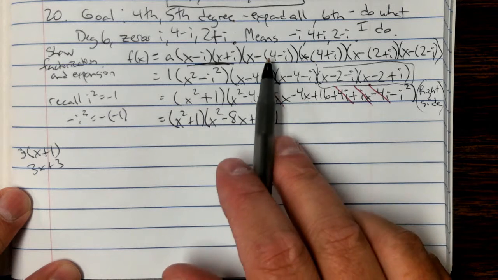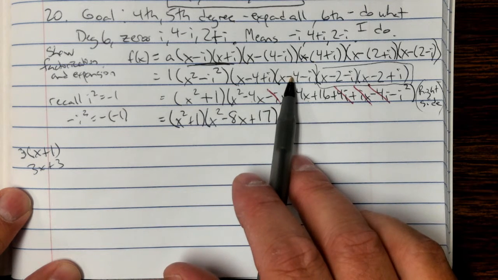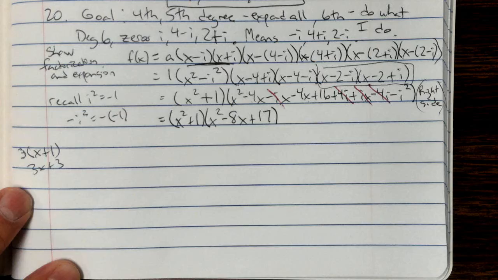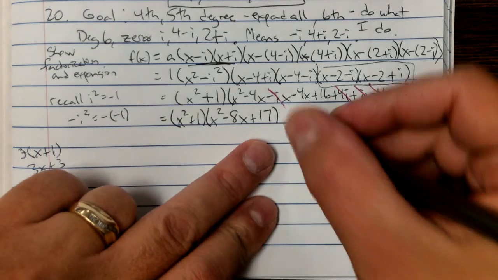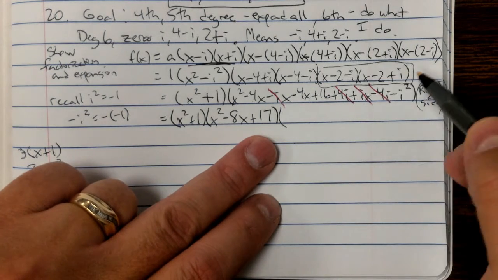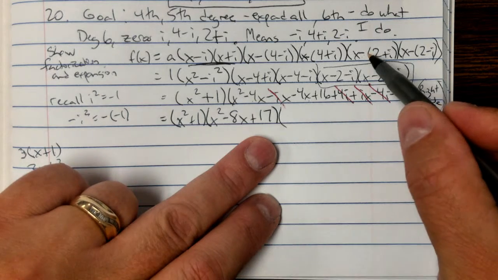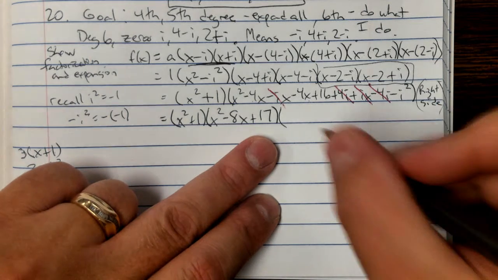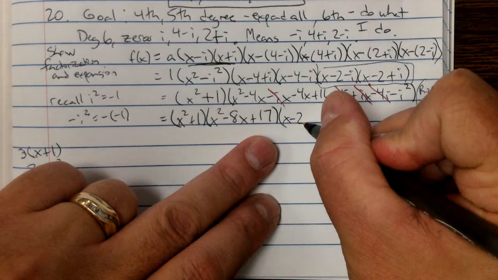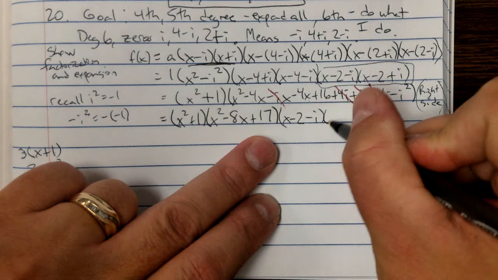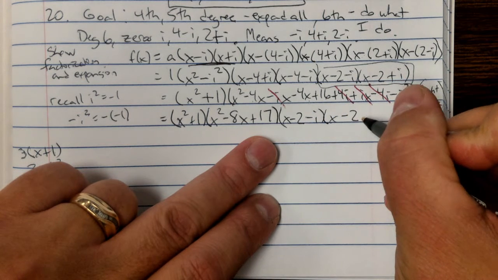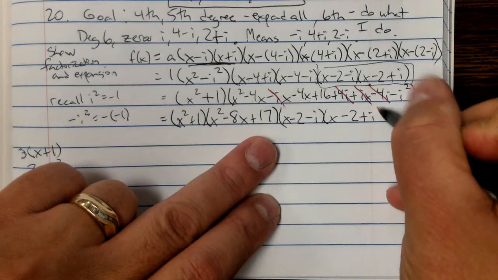But you still just do two at a time. Okay. All right, so now let's distribute the negative 1 for this. So this would be x minus 2 minus i, x minus 2 plus i.